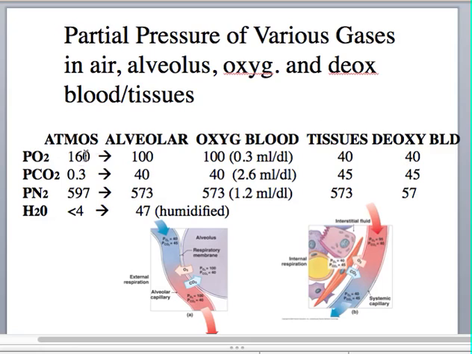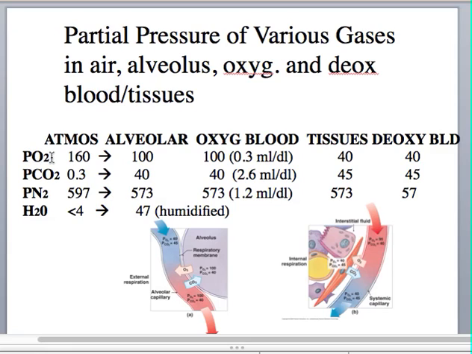Now this little table is a little bit confusing. All it is showing you is the different partial pressures.